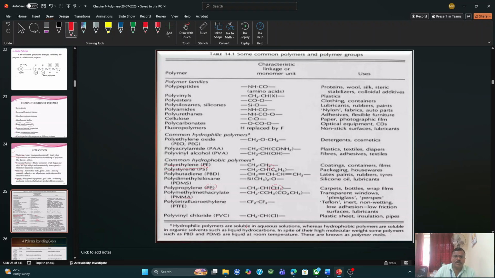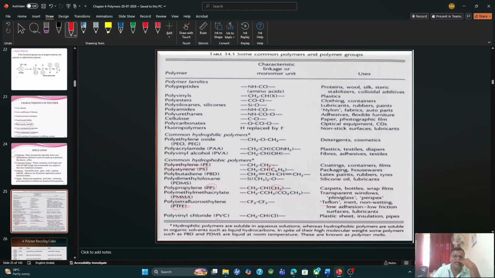And Teflon or polytetrafluoroethylene is an important polymer. Its formula is (CF2)n. This has another commercial name, Teflon. In kitchen applications, Teflon plays a major role. Non-stick tawa, we used to say, for making dosa and all. There, the inner coated material is nothing but Teflon.